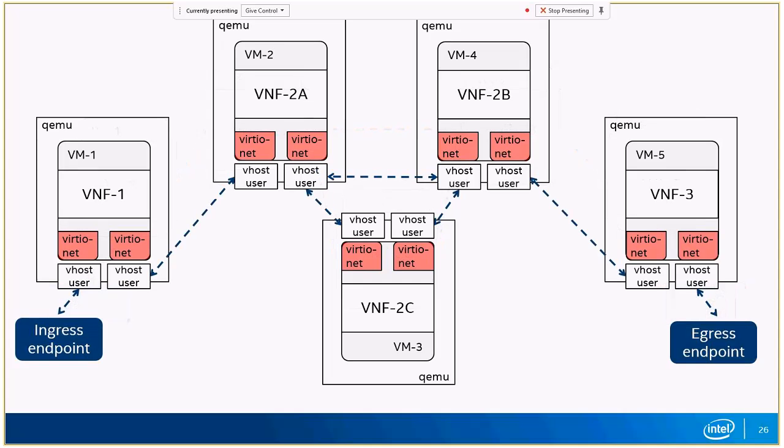If you were to do this with traditional VMs, one of the fastest ways to get packets from the host into a VM, short of doing SR-IOV, is something called vhost-user. Vhost-user is supported by VPP as a means of injecting packets into a virtual machine at the fastest rate possible.